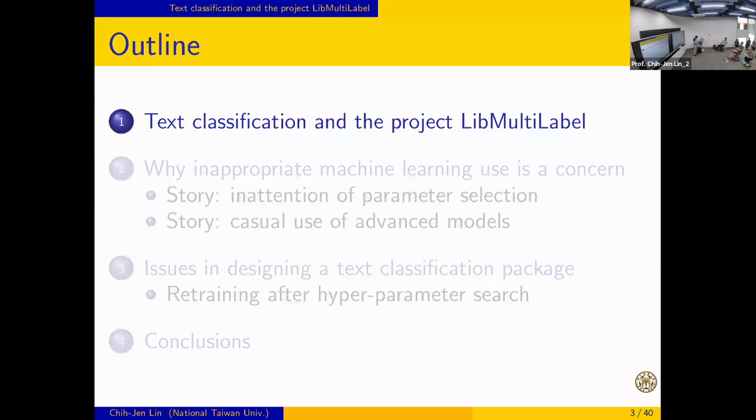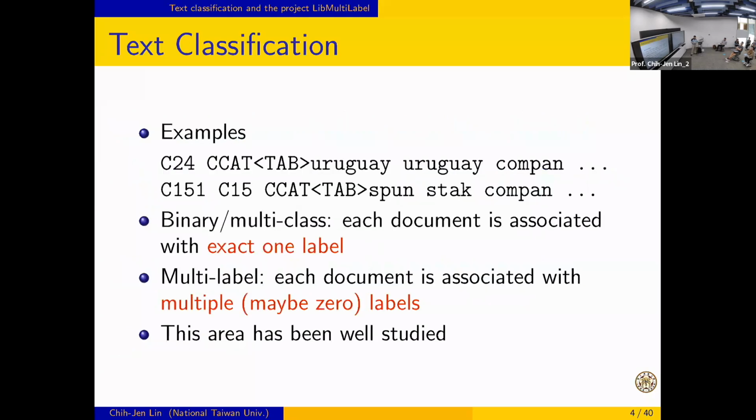Now for the first part. What is text classification, or say document classification? Here I show a very simple example. I have two data instances here. They are from a very famous data set called RCV1, which is Reuters news documents. For each line, that means one document.